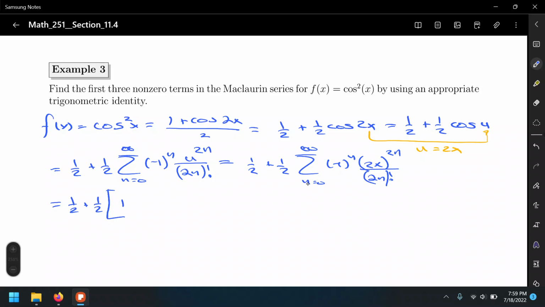And well, the next term for n equals 1, that's (-1)^n, that's (-1) to the first, that's -1.